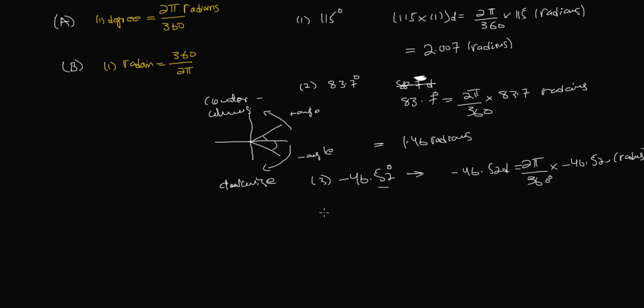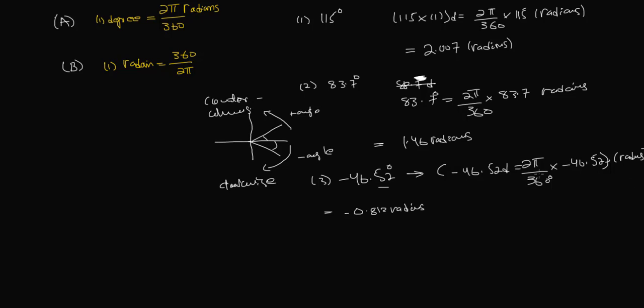Okay, now I'm just going to plug all of that into my calculator, and I'm going to get the answer. So all of that is 0.812 radians. Okay.